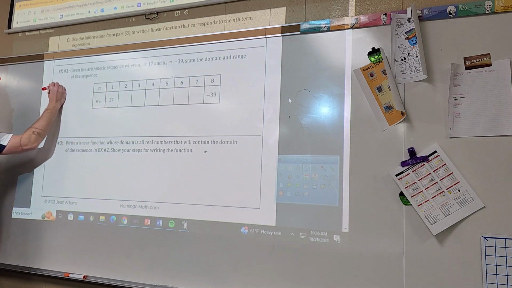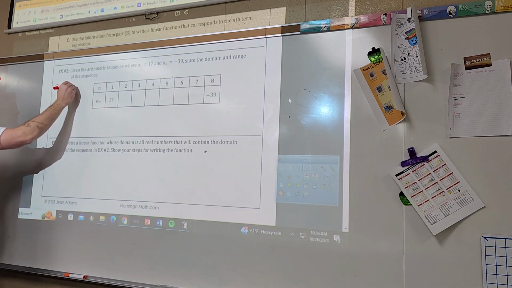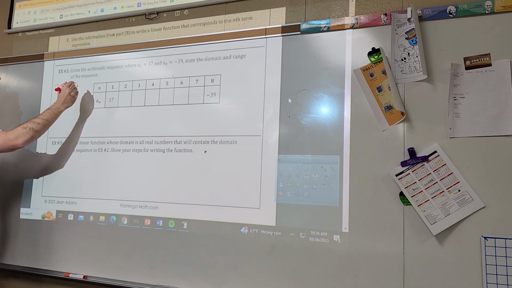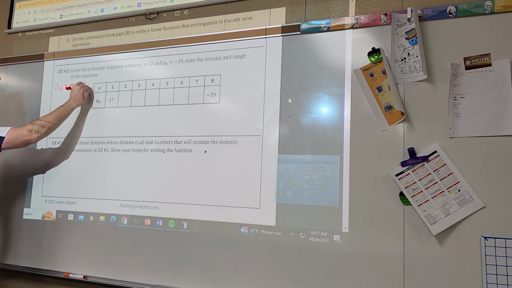You could add them together and divide it. That'll give you the middle term, right? And then you could do it again and again. But honestly, it's not so bad to do your a sub n equals your a sub 1 plus your d times n minus 1, right?